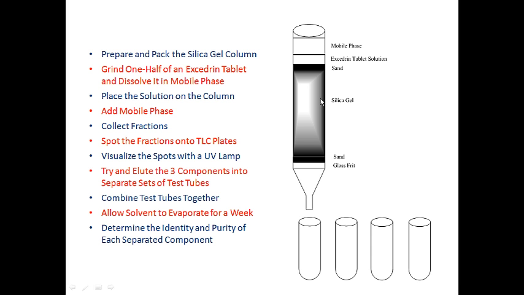The experiment that we're going to do this time is called wet packing. So we're going to create a slurry of silica gel in a chromatography solvent, put that in the column, and make a column of that silica gel.